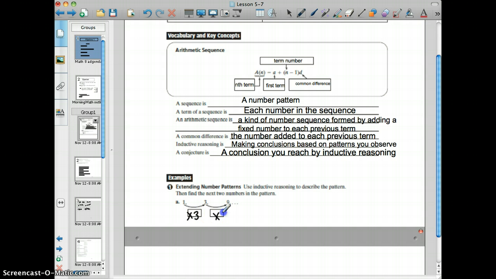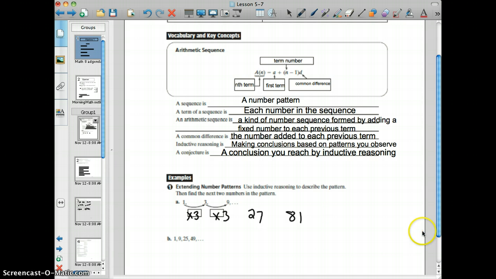Do you see that? 1 times 3 is 3. 3 times 3 is 9. So then the next two numbers, 9 times 3 is 27. And then 27 times 3, 81. Did you get that without using your calculator? Great job.